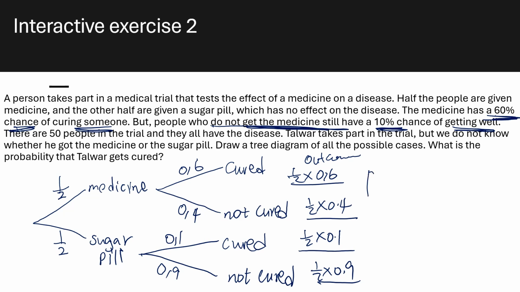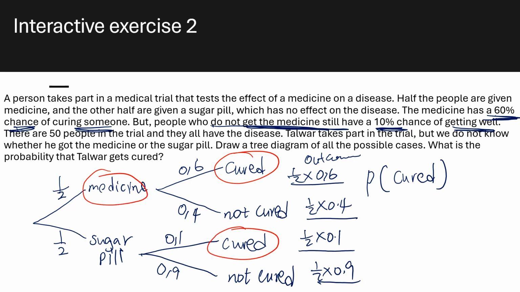But we are looking for the probability that Tawa gets cured. Okay, so obviously we are looking for getting cured. So you either get cured if you have taken a medicine, or you get cured if you have taken a sugar pill. So those are the branches we'll be looking at. So these are the probabilities that we are going to be looking at.